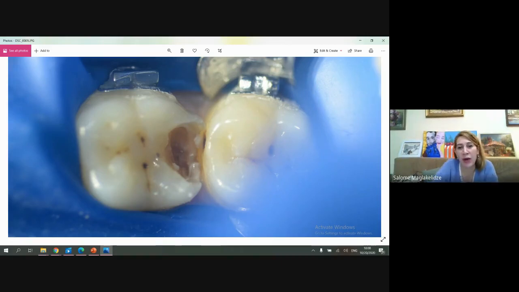And as you know, under the braces it's very hard to keep the proximal surfaces clean, as well as other surfaces, but still the proximal surfaces are very hard to maintain. And now you can see the destruction of the enamel and underneath the dentin too.